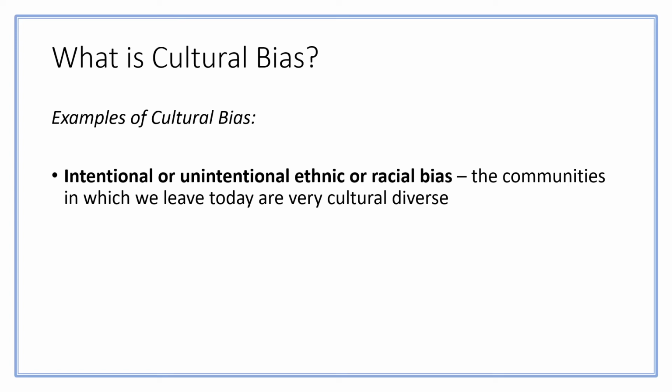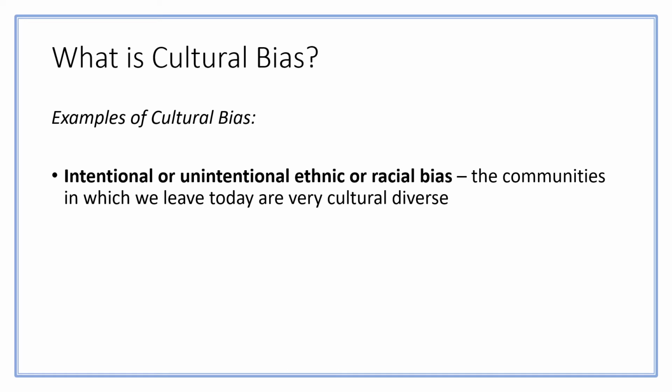Here are some examples. There could be either intentional or unintentional ethnic or racial bias. We need to recognize that in today's society, in today's communities, we live in a very culturally diverse environment.